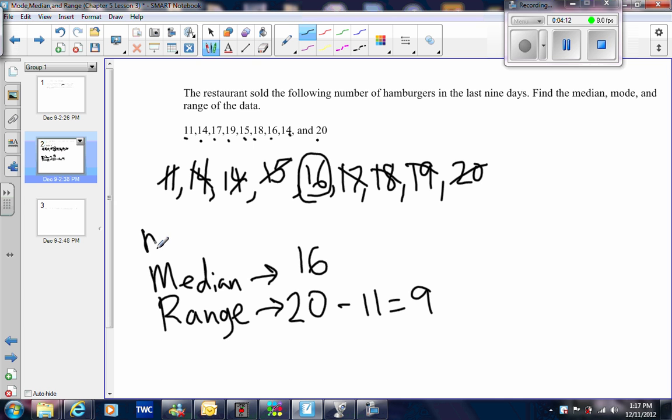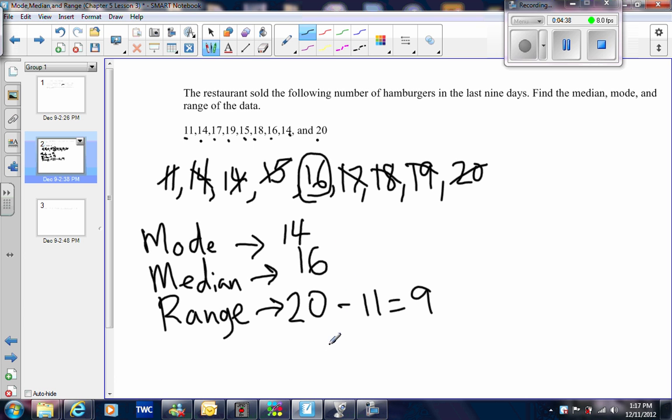Okay, so now it's time to find the mode. And again, the mode isn't so bad. It's the one that happens the most. So as you look at these, which one happens more than any other one? 11 happens once, 14 happened twice, and all the rest only happen one time. So the mode is the most, which is 14 in this case.